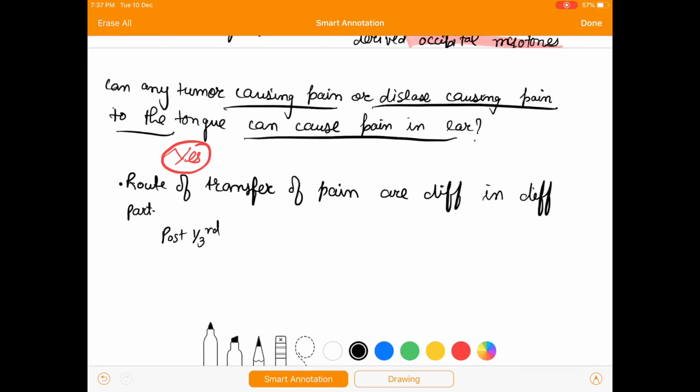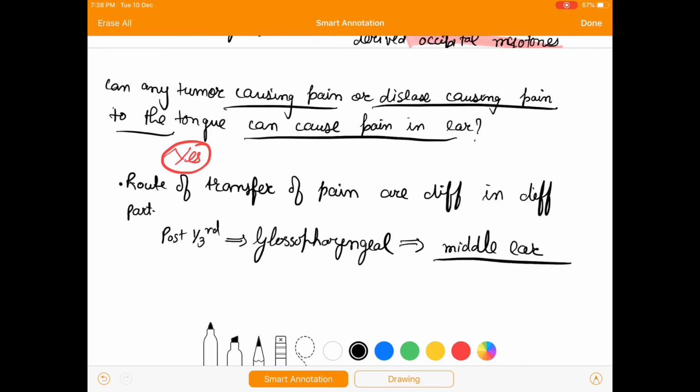The sensory nerve supply is glossopharyngeal. It is present in middle ear. Right, it is present in middle ear. And it supplies to middle ear. So hence it causes pain in middle ear.